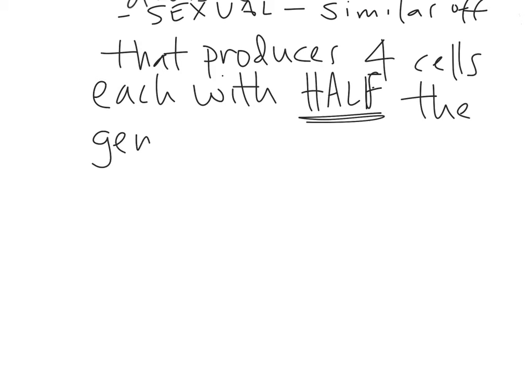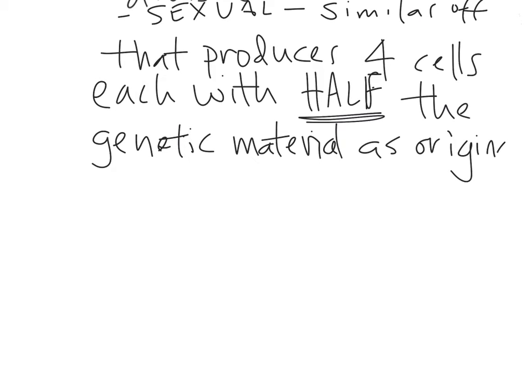That way, when you take a sperm and an egg and put them together, you get the normal number of chromosomes, the normal amount of genetic material necessary for a particular type of organism.